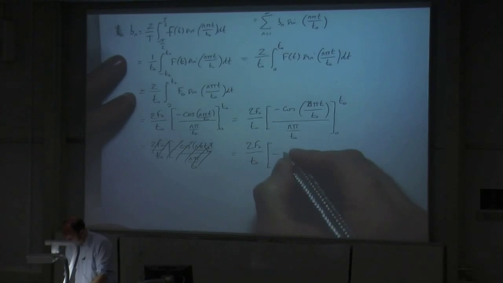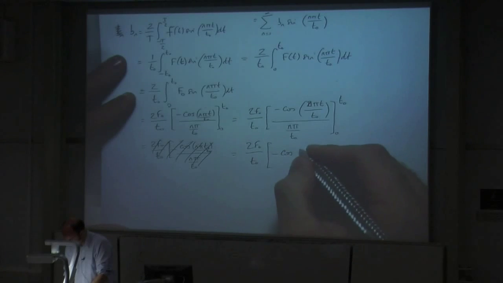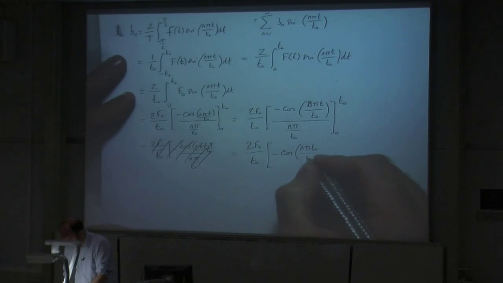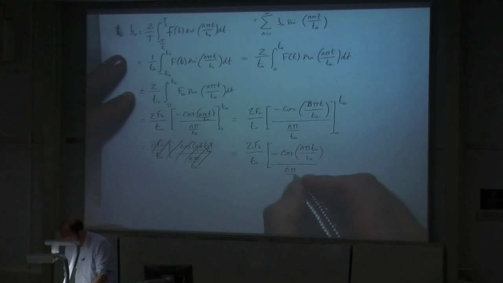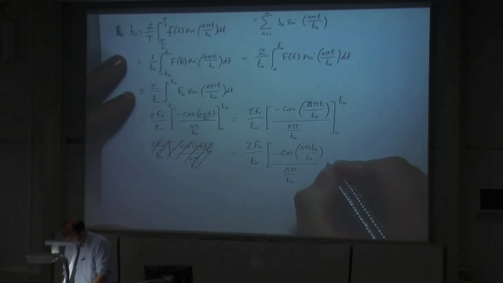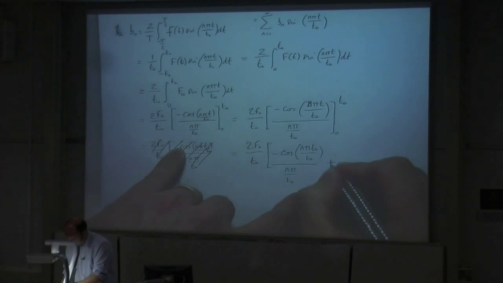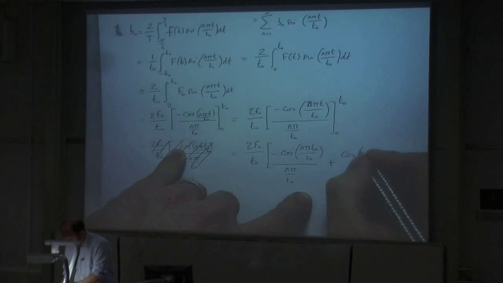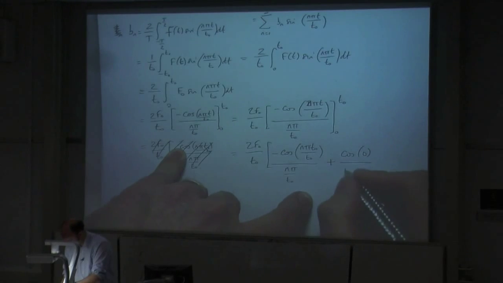So we have minus cosine of n pi t naught divided by t naught, divided by n pi divided by t naught. Then it's obviously minus a minus, so that becomes a plus of cosine of 0 divided by n pi divided by t naught.